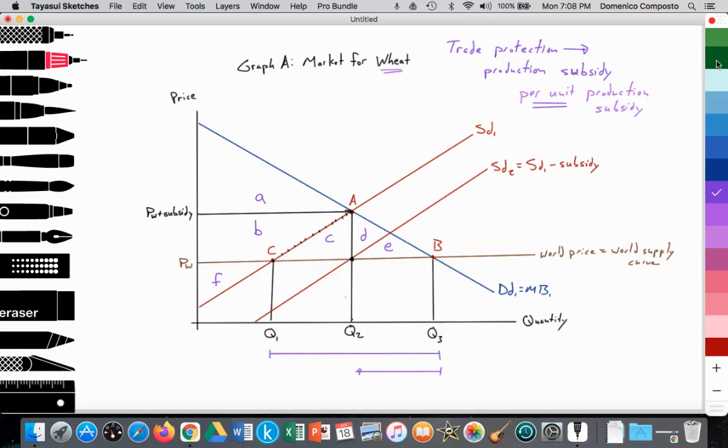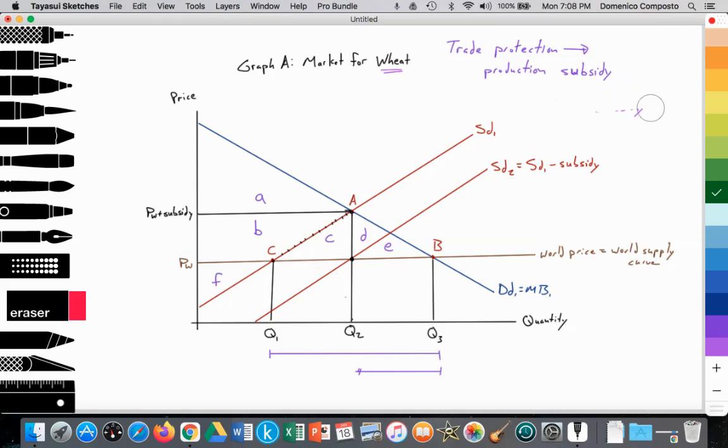Let's discuss a few points. First, let's talk about consumers. How are consumers impacted by the production subsidy? They are not impacted, right? Consumers are not impacted.